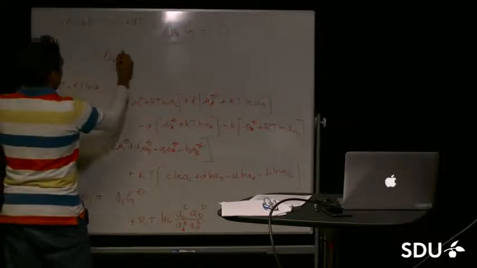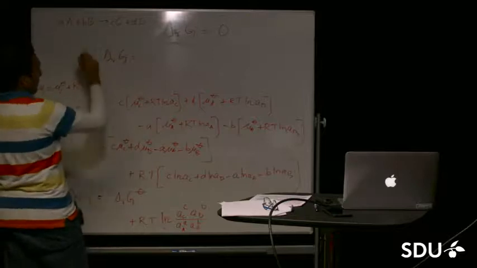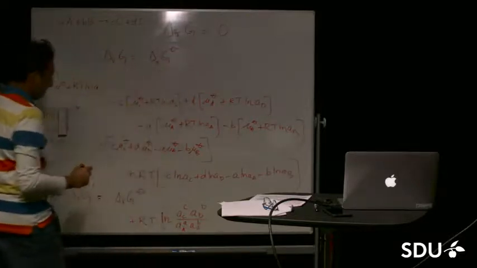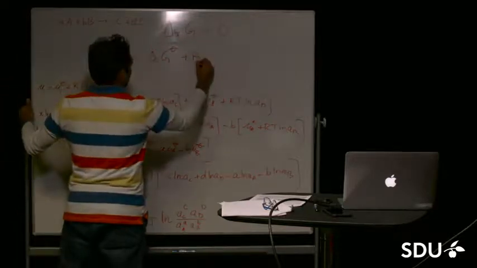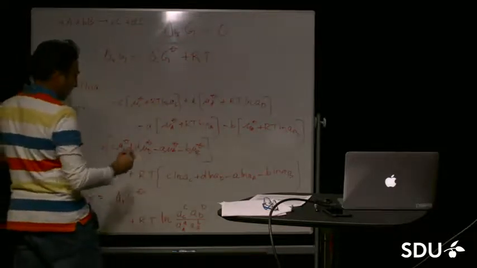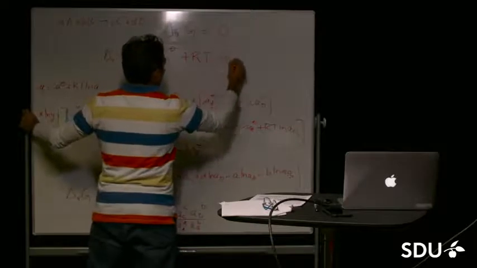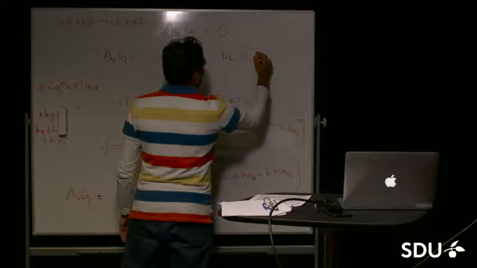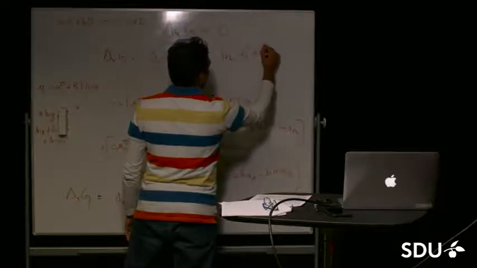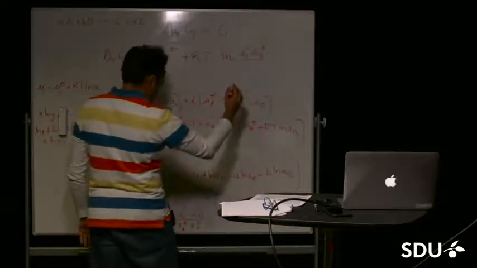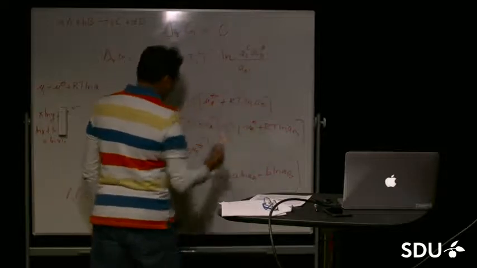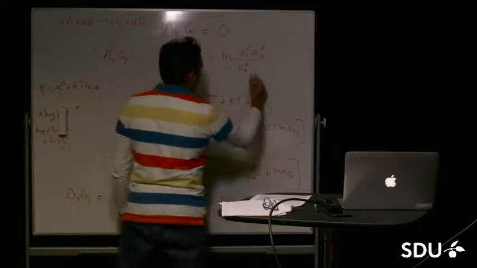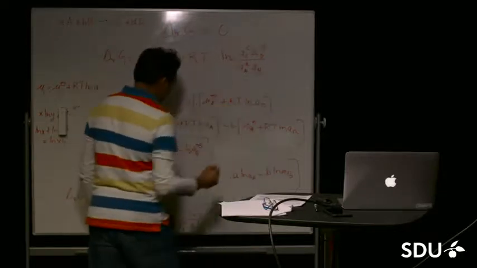The reaction Gibbs free energy for this reaction is equal to the standard reaction Gibbs free energy for that reaction plus the universal gas constant multiplied by the temperature multiplied by log of the activities to the power of the individual number of moles. Now the activity can be a concentration or a partial pressure depending on which phase we are in.